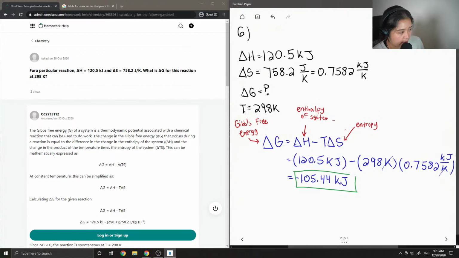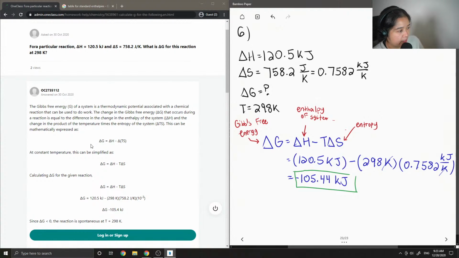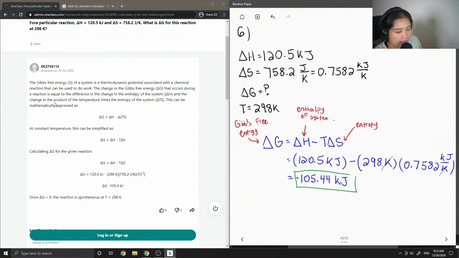Okay, so the junior tutor said that the Gibbs free energy of a system is a thermodynamic potential associated with a chemical reaction that can be used to do work. The change in the Gibbs free energy, delta G, that occurs during a reaction is equal to the difference in the change in the enthalpy of the system, delta H, and the change in the product of the temperature times the entropy of the system.